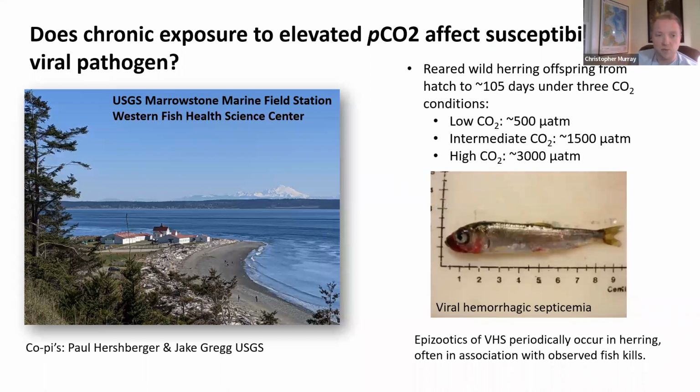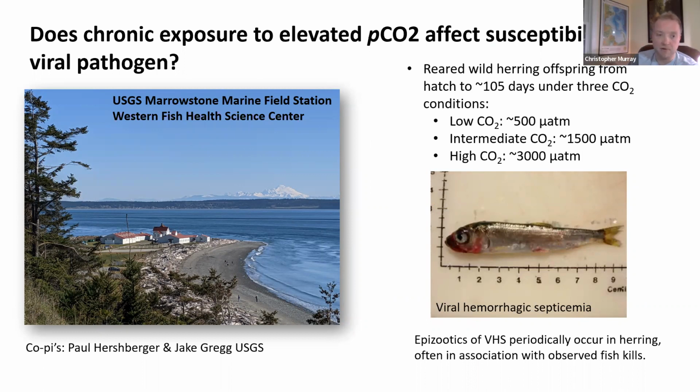So what I want to do is work with the USGS Marrowstone Marine Field Station, where they do a lot of work focused on disease ecology of Pacific herring. They really focus on viral hemorrhagic septicemia virus. It's an endemic virus in temperate fish across the Northern Hemisphere.